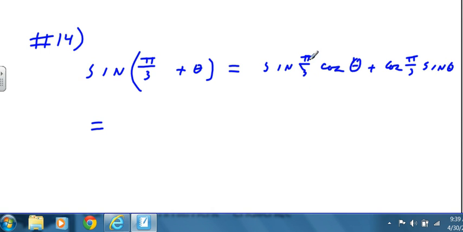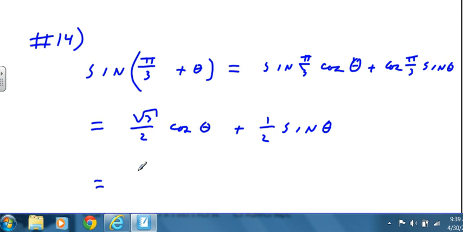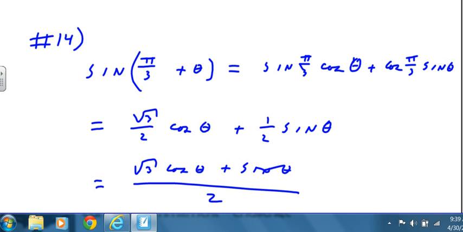The sine of 60 degrees is the square root of 3 over 2. So I got the square root of 3 over 2 cosine theta plus the cosine of 60 degrees is 1/2 sine theta. Okay. All right, well, I'll just put it under a common denominator. Square root of 3, looking at what I'm looking for, cosine theta plus sine theta divided by 2, and lo and behold, that's exactly what I'm looking for, so I am done.